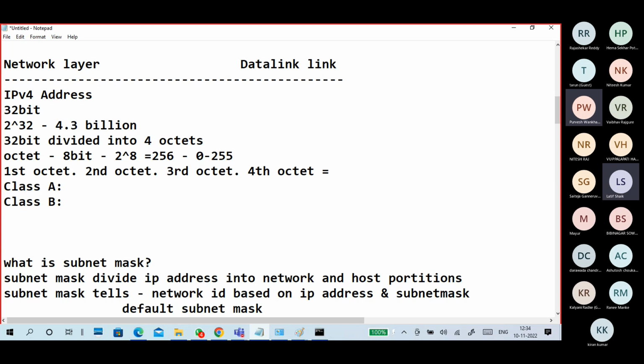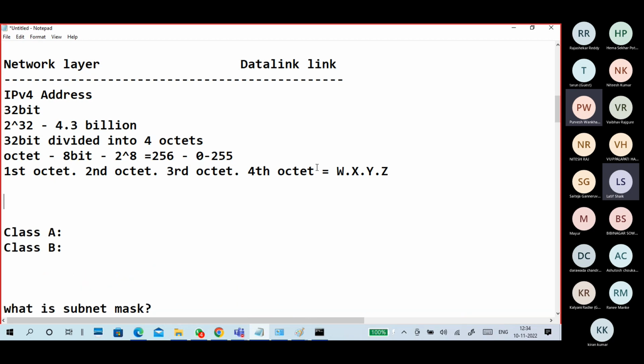For convenience, some people use W.X.Y.Z, which is easy to understand and easy to tell. So instead of saying first octet, second octet, third octet, we can use W.X.Y.Z. W represents the first, X the second, Y the third, and Z the fourth.